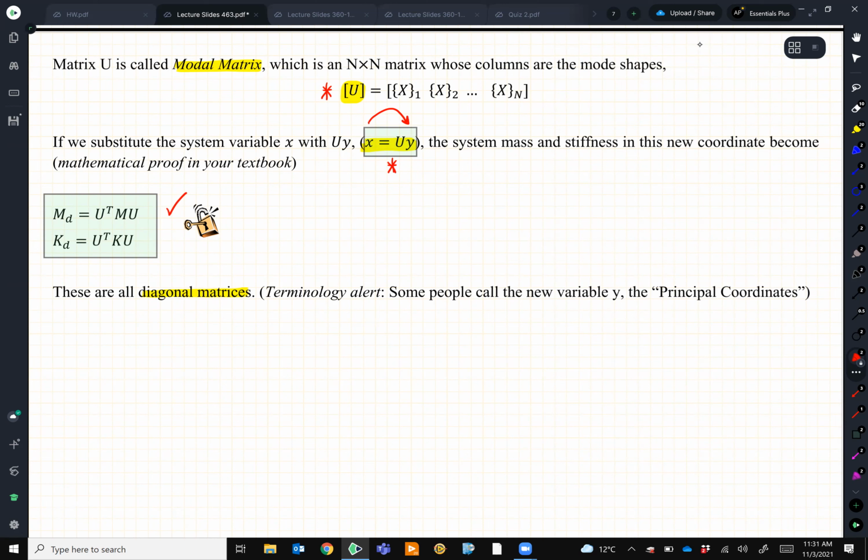The whole proof is in your textbook if you are interested in why they become decoupled. We'll just use them, all right? So if you've heard somewhere, this y variable is now called the principal coordinates. All right, what else do I need to tell you here?